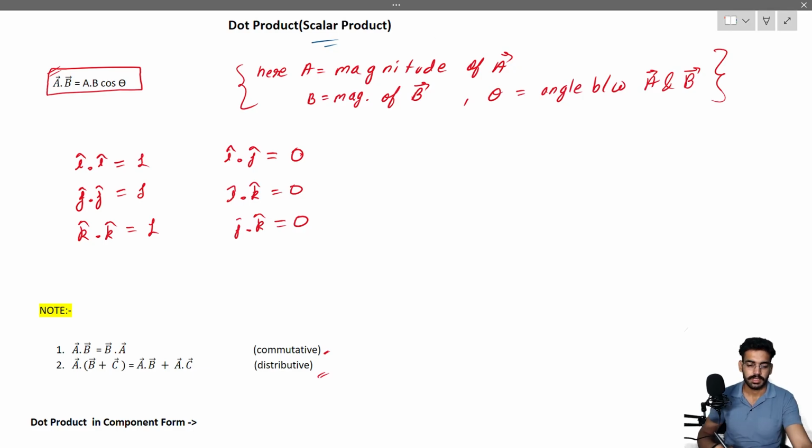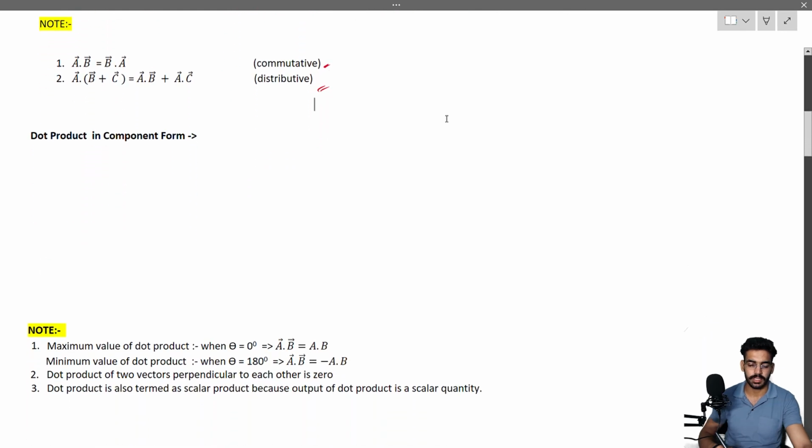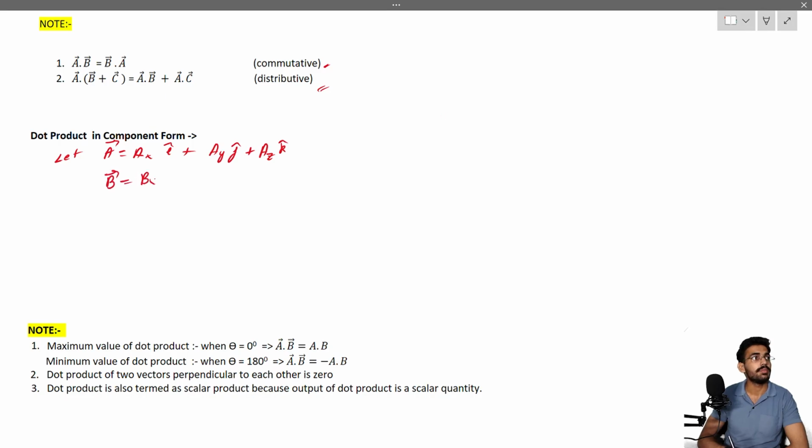Next we have the dot product in component form. So how do we write it in component form? Let's say we have a vector equal to ax i cap plus ay j cap plus az k cap, and b vector equal to bx i cap plus by j cap plus bz k cap.